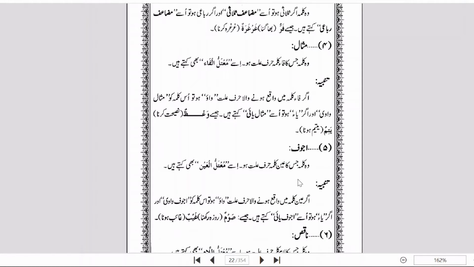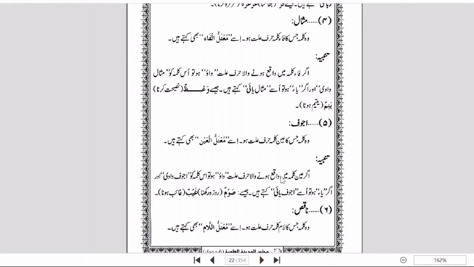Next is ajwaf. Ajwaf is a word where the harf illat is in place of the ain kalima. It is also known as mu'talul ain. So again, same principle as above. If in the ain kalima it's waw, it will be known as ajwaf wawi, and if it is ya, it is known as ajwaf yayi, like sawmun.